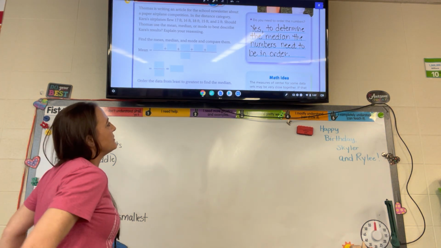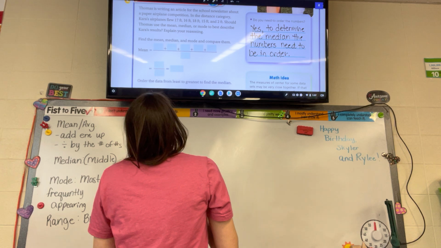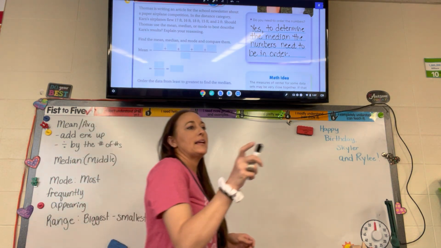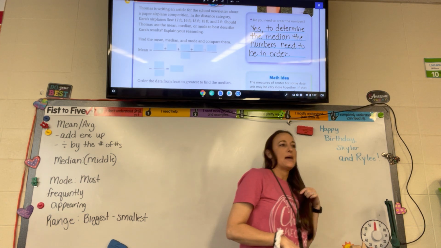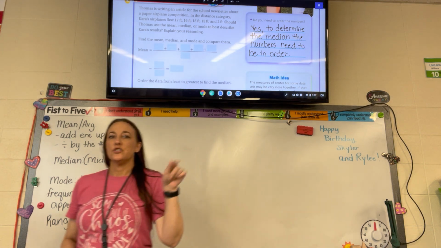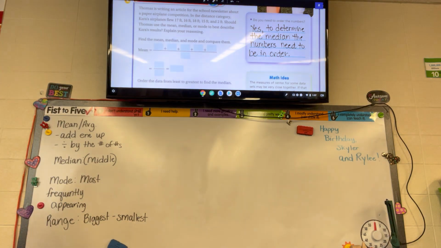Yes, to determine the median, the numbers need to be in order. Jenna, will you show Riley how to give herself a point on the iPad back there at the cabinet? So Riley, go with Jenna and she'll show you.